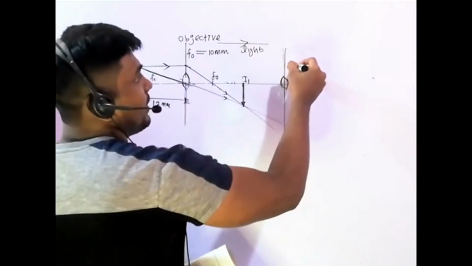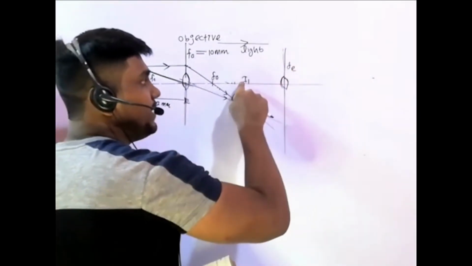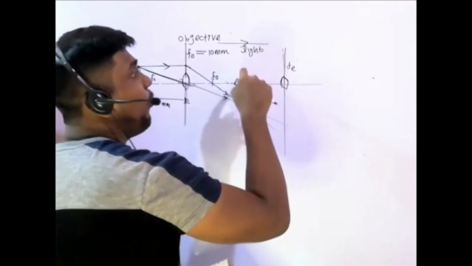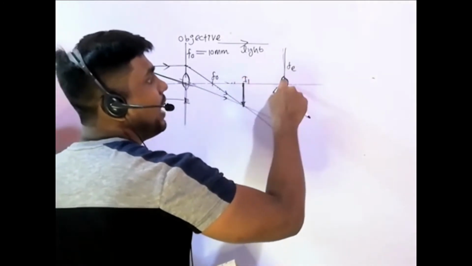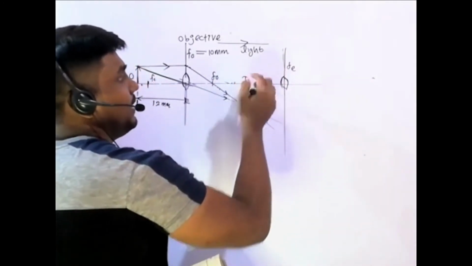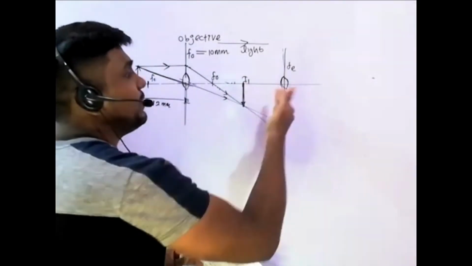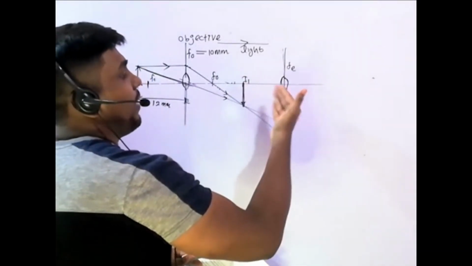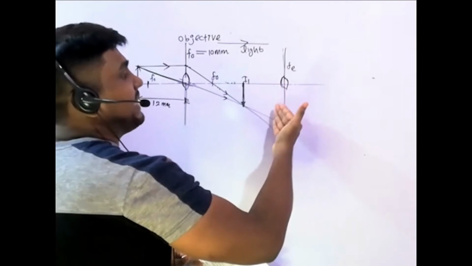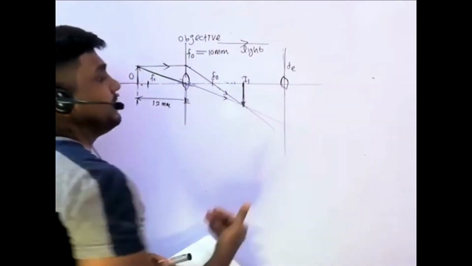Definitely, your I1 should be on the focal length of the eyepiece. Then only is it possible to create an image at infinity.